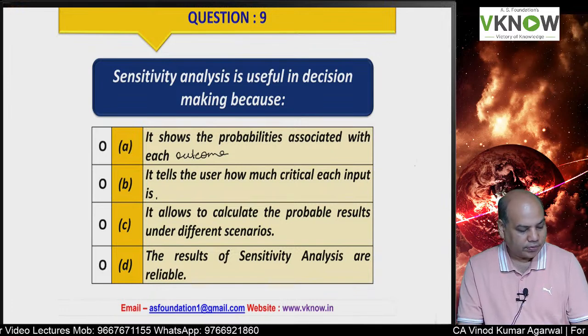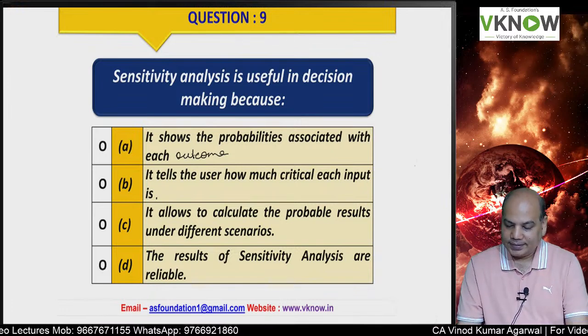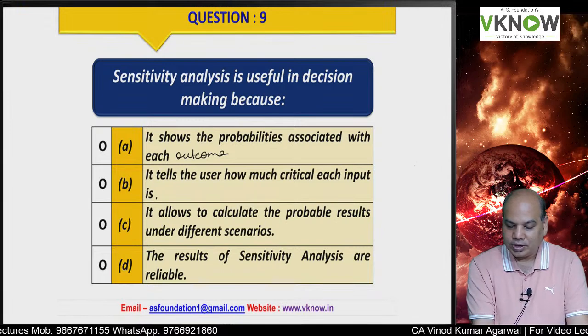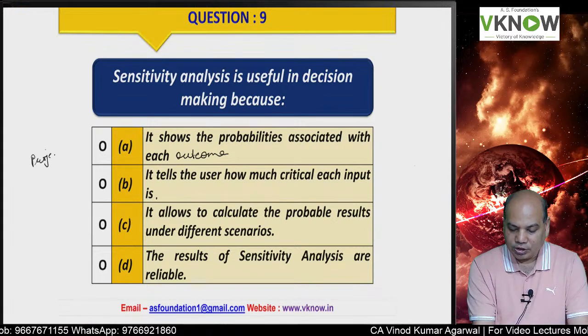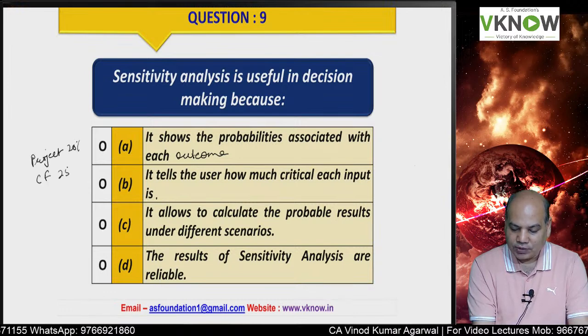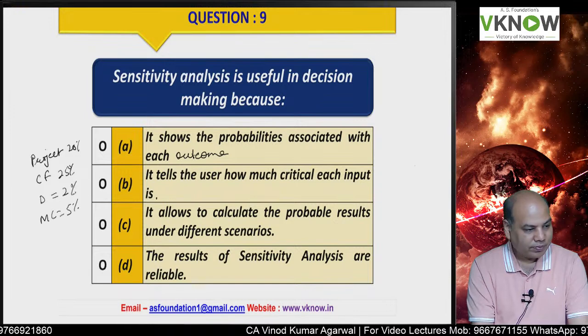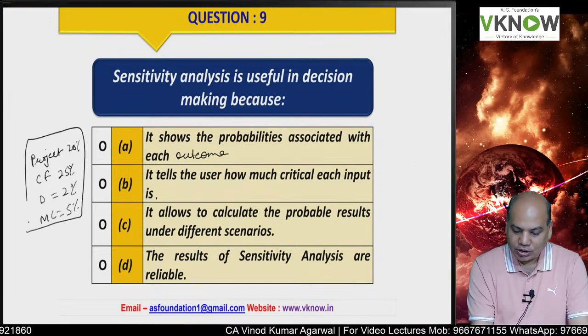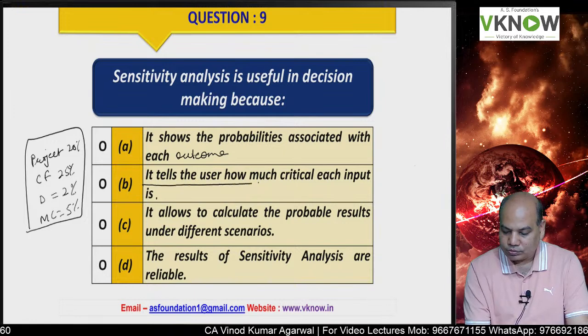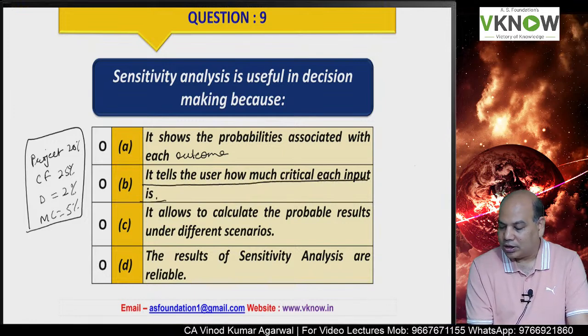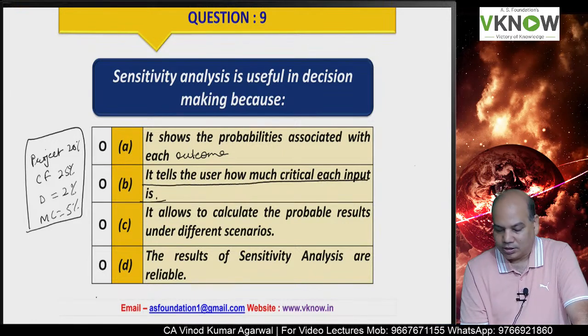What is your answer? After doing sensitivity analysis, you will get to know that sensitivity of the project is 20%, cash flow is 25%, discount rate may be 2%, material cost may be 5%. So after knowing all this, you will get to know the criticality of each input parameter.